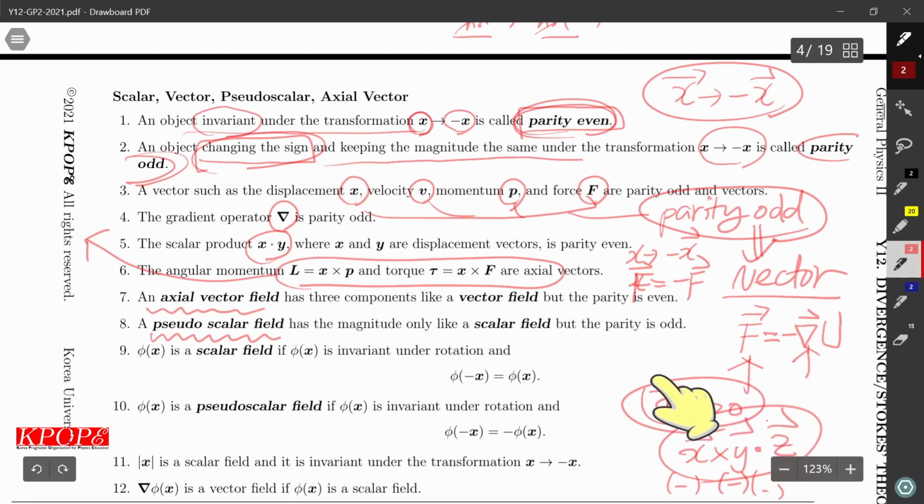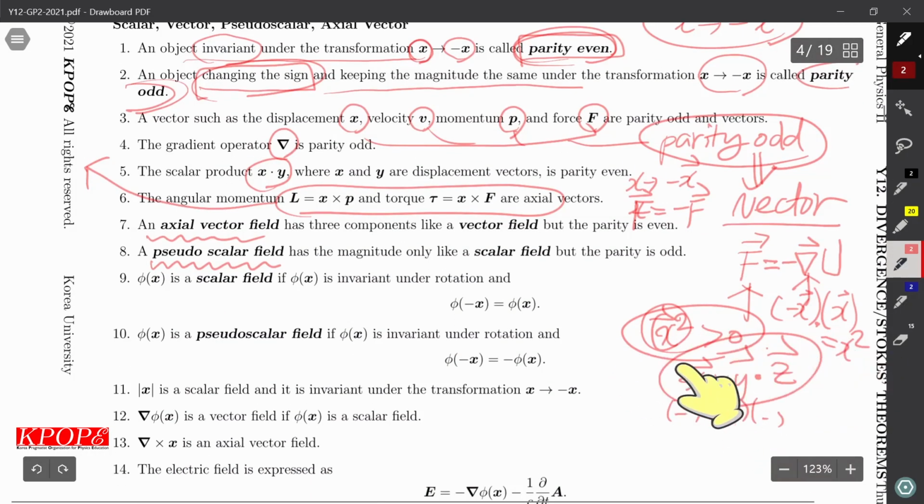For a scalar, if we substitute minus x, the scalar product is still x squared, it is invariant. So a pseudo-scalar, such as the triple scalar product of vectors, has odd parity. A scalar has even parity.